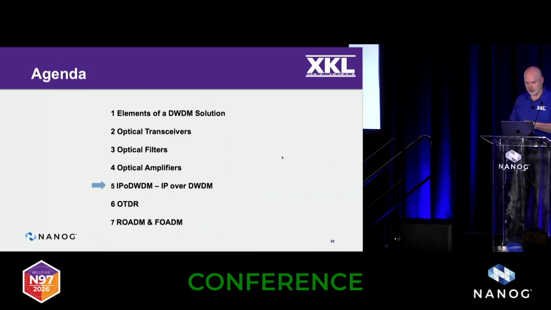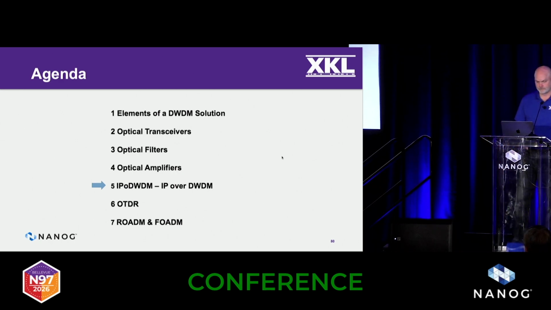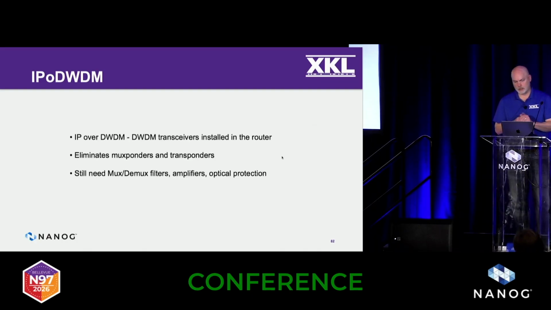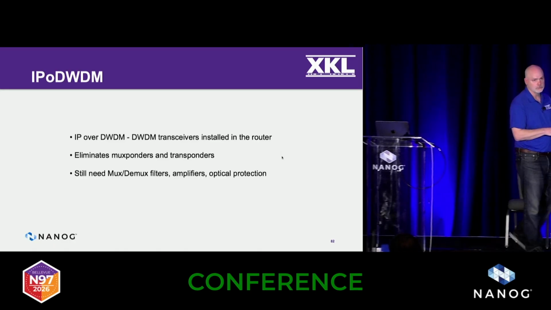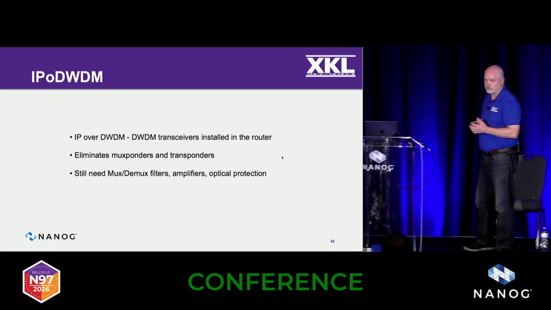All right, now let's talk about IP over DWDM. IP over DWDM: DWDM transceivers installed in your router or your switch. Basically, that's it.